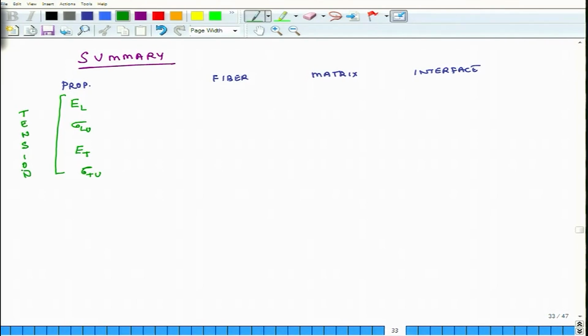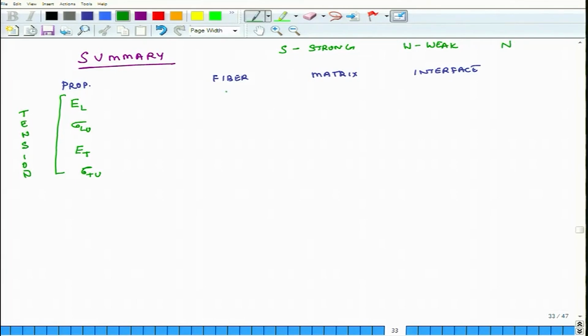Okay. So, we will write some letters. If the influence of fiber is very high, then we write S, S for strong. If it is not high, then we write W, W for weak. And if it is negligible, then we write N.